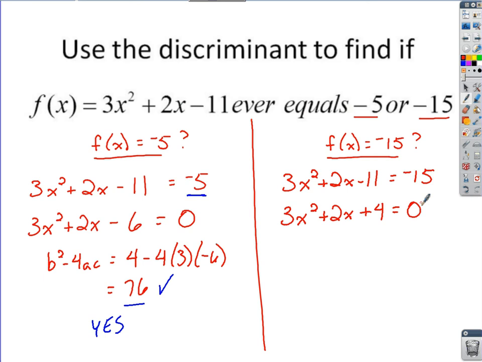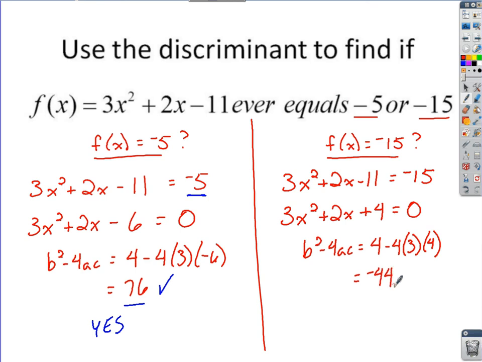Set up that discriminant, b squared minus 4ac. We've got 2 squared, 4, minus 4 times a, which is 3, times c, which is 4. If I calculate out my discriminant, negative 4 times 3, negative 12, times 4 is negative 48. This will be 4 minus 48, that's going to be negative 44.